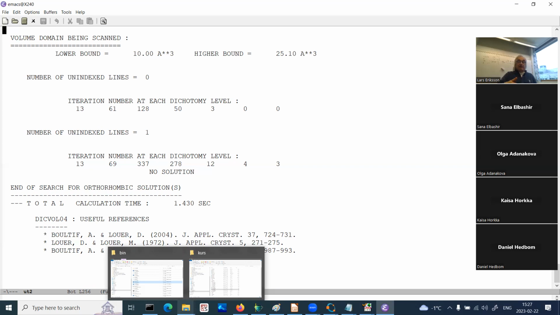But I recommend getting yourself a bunch of programs, and then maybe you get used to one, so you only use that one all the time. But when you fail with that one, then try some other program. Expo and Fox have several, at least Expo has several programs, at least Treor and Dicvol and maybe more built in.